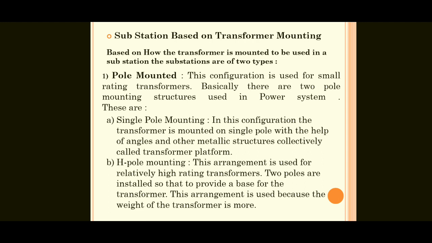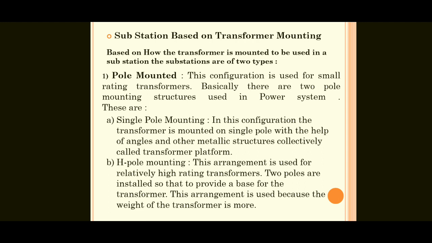Single pole mounting: in this configuration, the transformer is mounted on a single pole with the help of angles and other metallic structures, collectively called the transformer platform. Second one, H pole mounting.